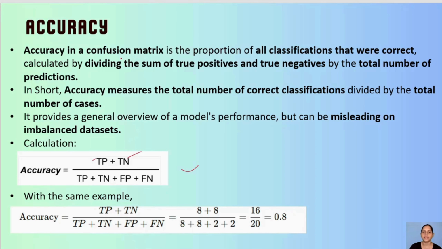So in short, accuracy measures the number of correct classifications the model made out of the total number of cases. Most of the time it can be misleading in case of imbalanced data. What is imbalanced data, guys?